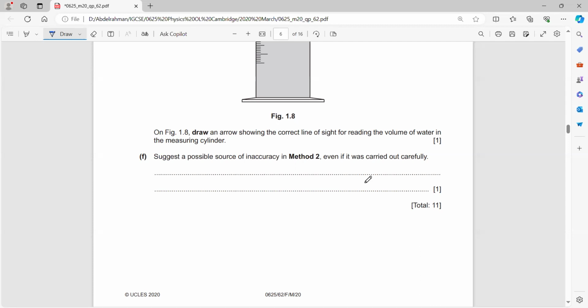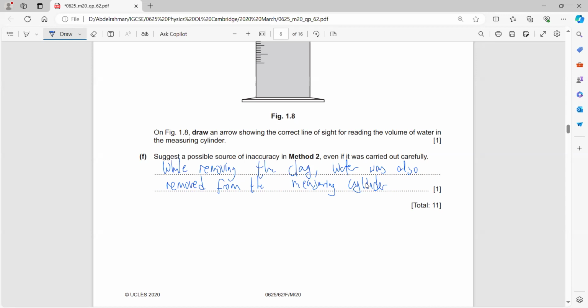Again, one possible source of inaccuracy, for example, while removing the clay, water was also taken or removed from the measuring cylinder.